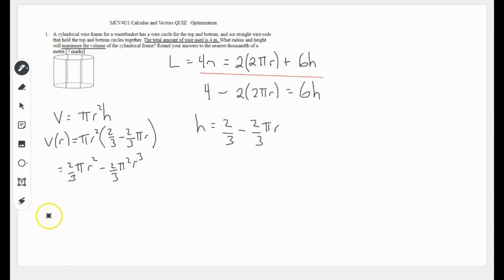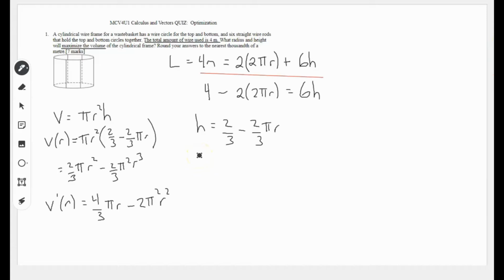Okay, now I can find the derivative. This is just our power rule. So this is going to give us 4/3 pi r, and then minus, bring the 3 out in front. It'll cancel with the denominator, so I'm just left with a 2 pi squared r squared.